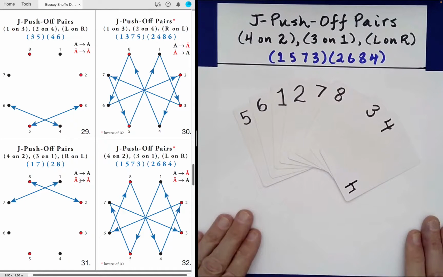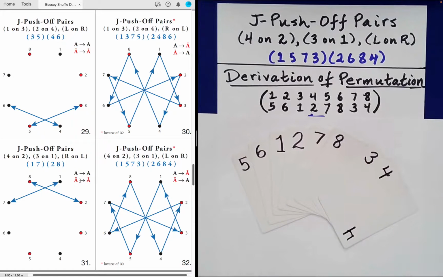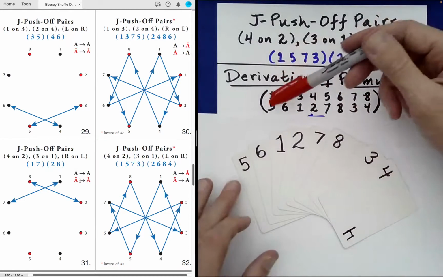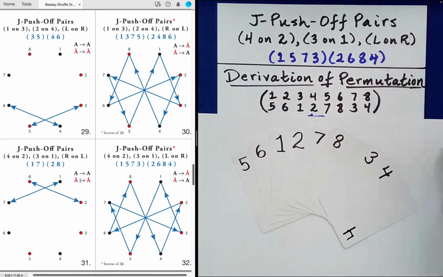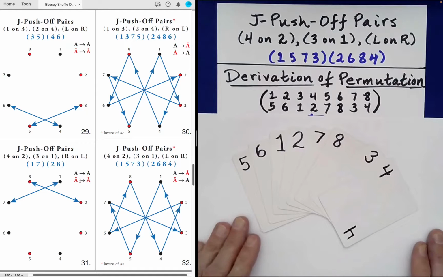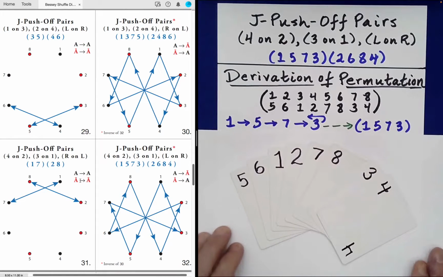Writing this in Cauchy's two-line notation, we obtain the following. The top row, as always, is just 1 through 8. The bottom row will be the new ordering: 5, 6, 1, 2, 7, 8, 3, 4. And we can convert two-line notation to cycle notation as follows.